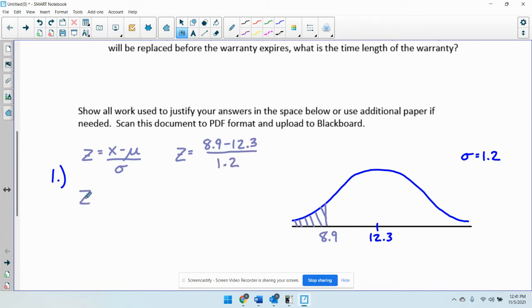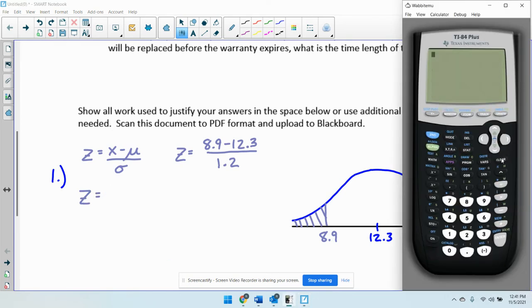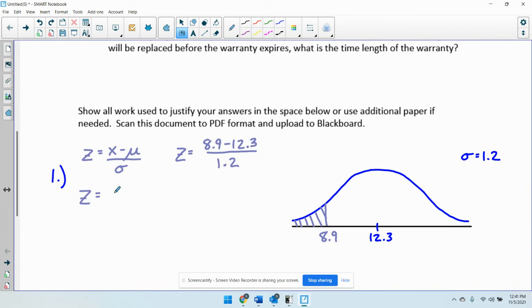I have 8.9 minus 12.3, and we will divide that by 1.2. We get negative 2.83 repeating, but we'll only use two decimals, negative 2.83.